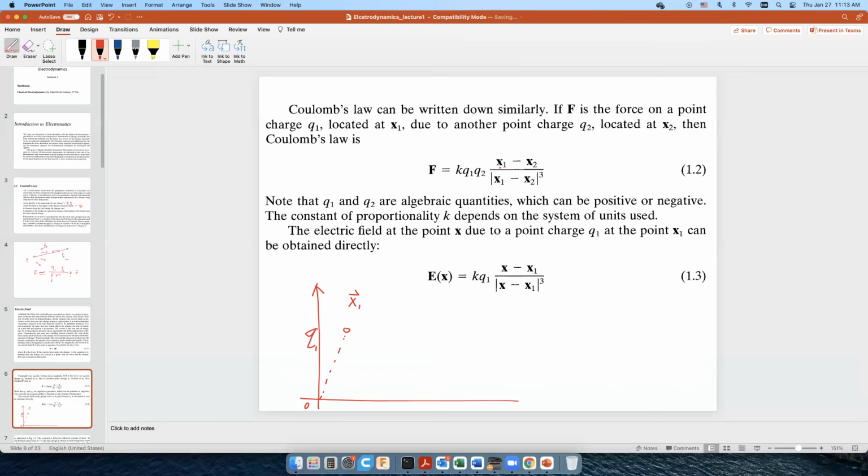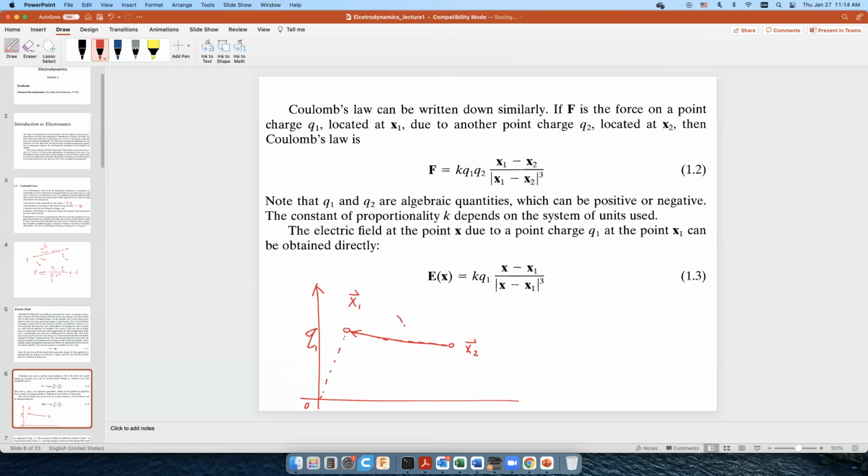If you see this in bold font, that means it's a vector. And then the second charge, let's say it's here, x2, a vector. x2 describes the vector from the origin to this position. And then x1 subtracted by x2 is a connecting vector between x1 and x2.